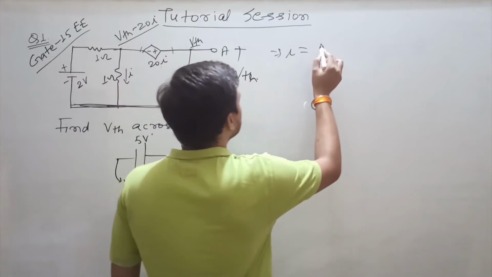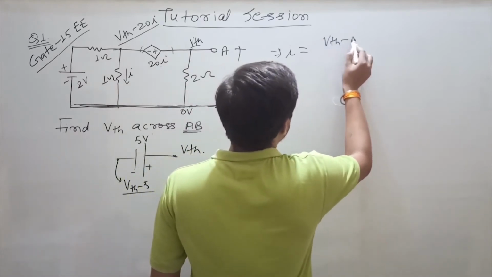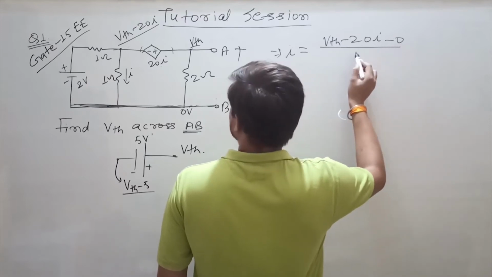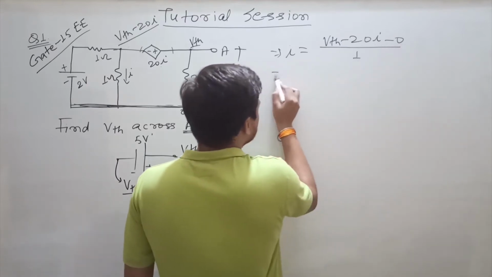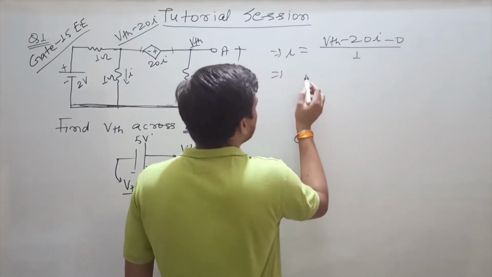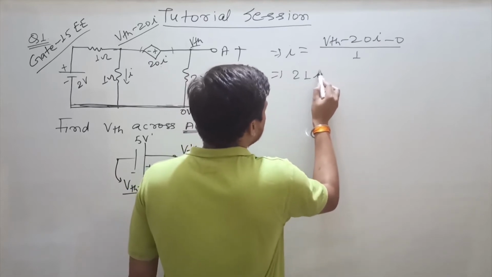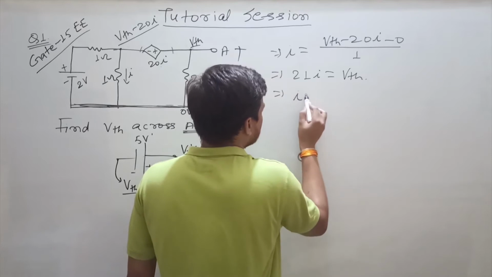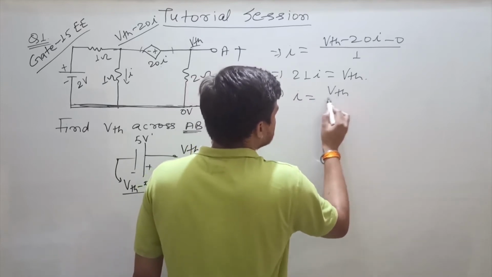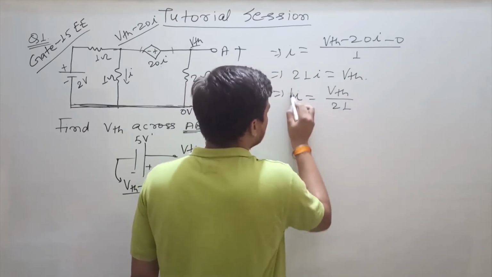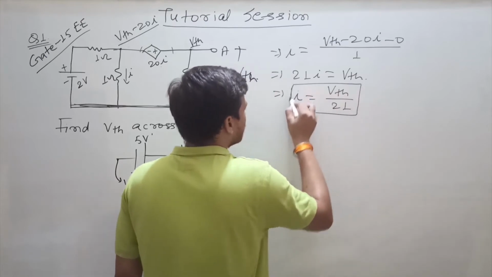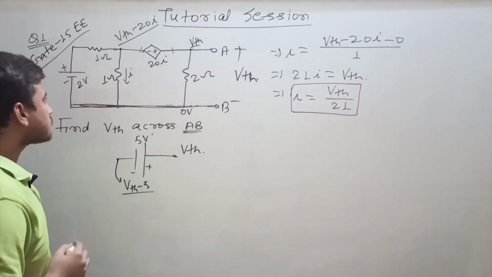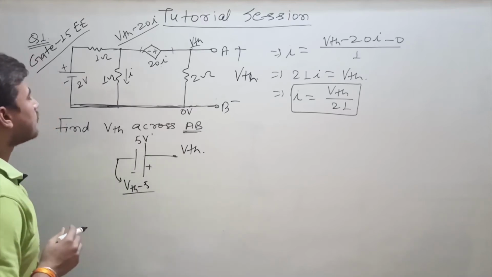So current will be equal to VTH minus 20I minus 0 divided by 1. That means 21I equals VTH, so I equals VTH divided by 21. Clear? Now we have the value of I.